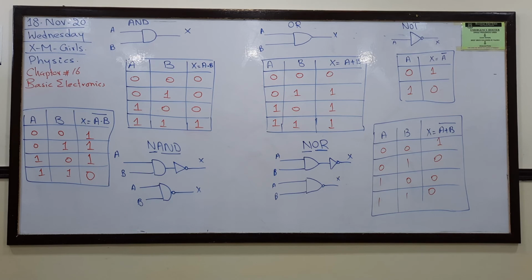LDRs are those resistors whose resistance depends upon the amount of light falling on them. For example, if the resistor is in darkness, its resistance will be very high. When the resistor is in sunlight or in light, its resistance will be low.